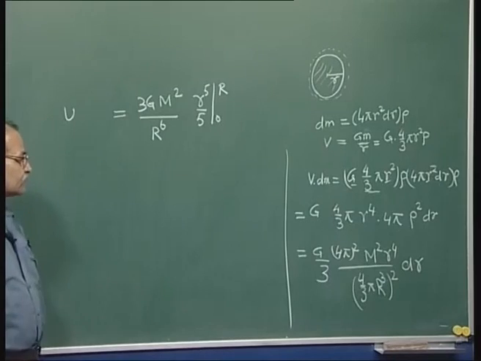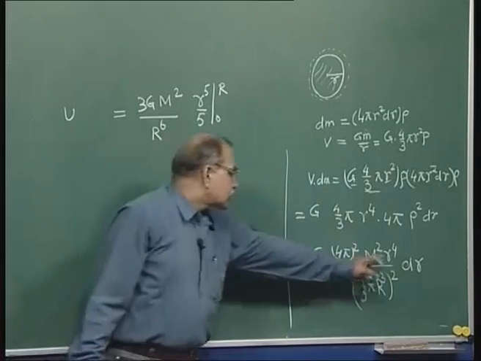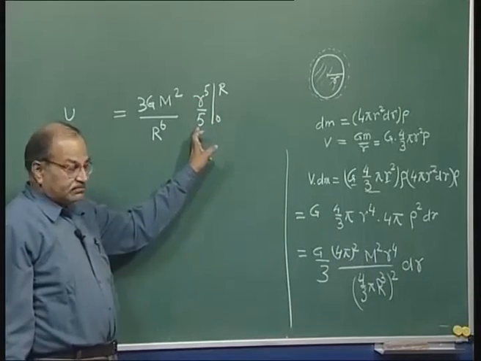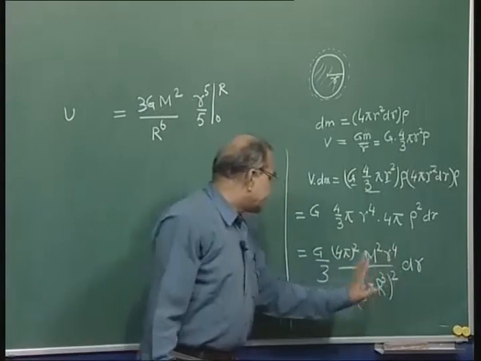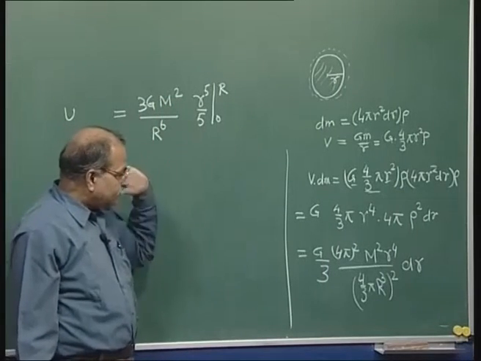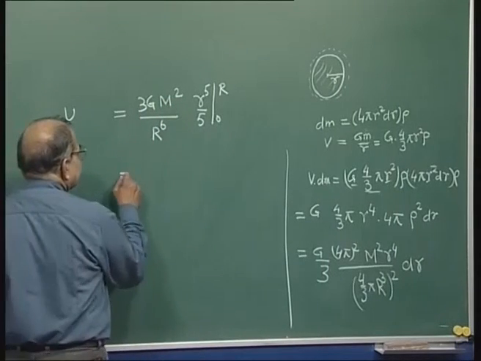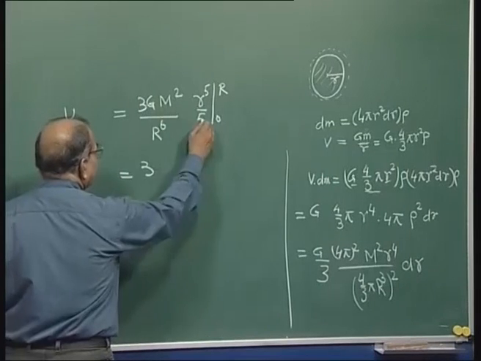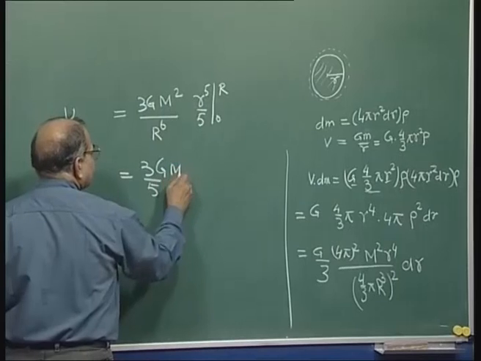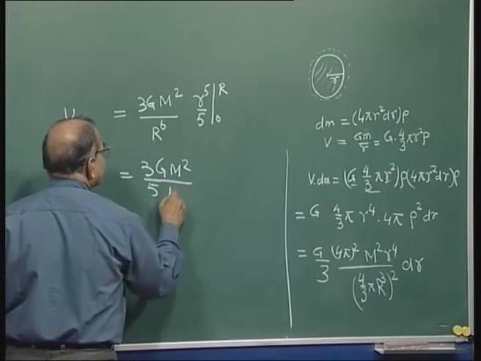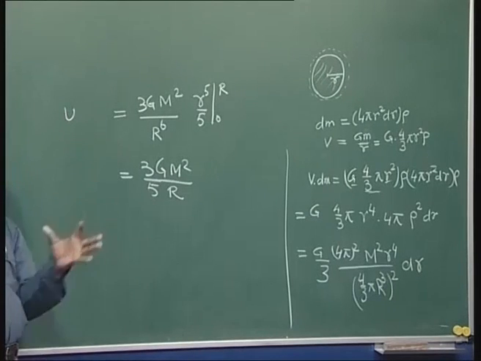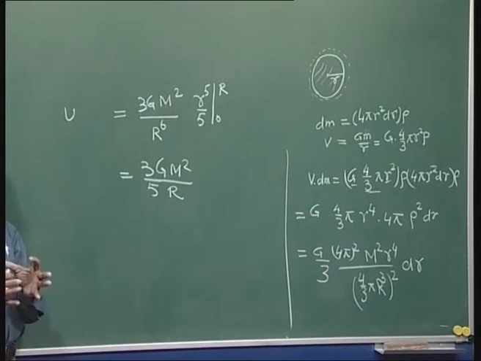Check, I have integrated. So, this r square r 4 dr has become r 5 by 5. So, r 4 dr is taken care of, M square is taken care of, and other things are all taken care of, correct. So, this is 3 by 5, capital G M square by R. So, this is that gravitational binding energy, right.